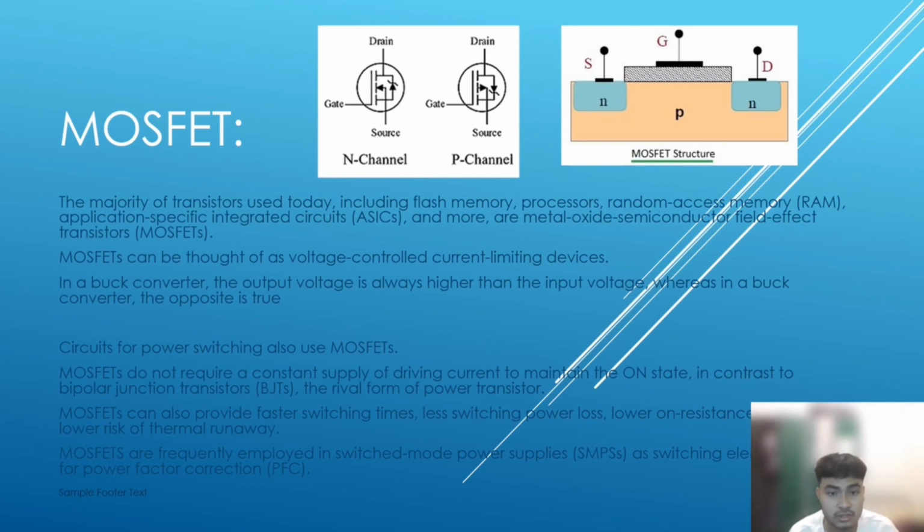Circuits for switching also use MOSFETs. A MOSFET does not require a constant supply of driving current to maintain the on state, in contrast to the bipolar junction transistor, BJT, the rival form of power transistor. MOSFETs can also provide faster switching time, less switching power loss, lower on resistance, and lower risk of thermal runaway. MOSFETs are also frequently employed in switch mode power supplies, SMPS, and as the switching element for power factor correction.